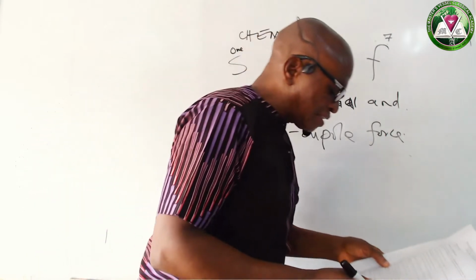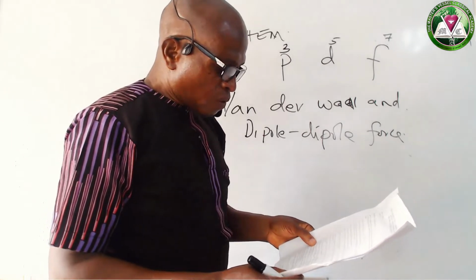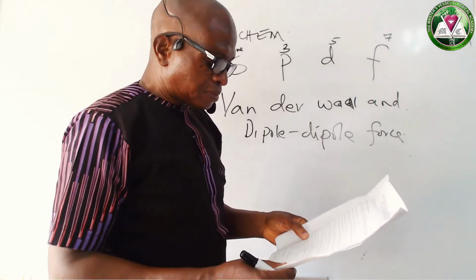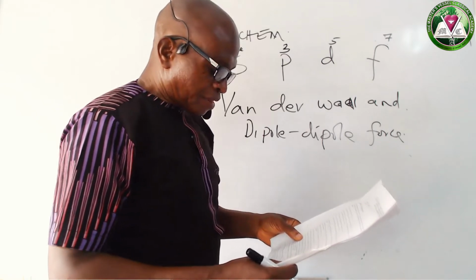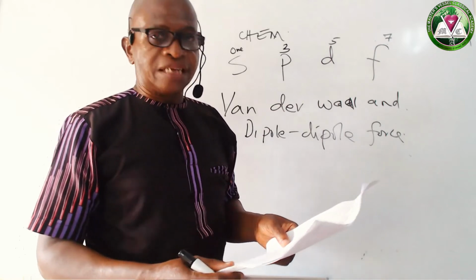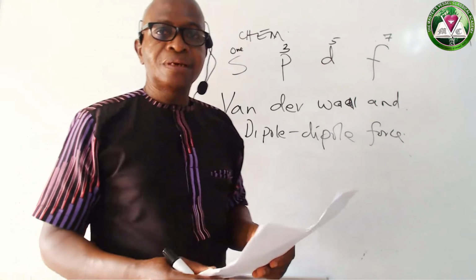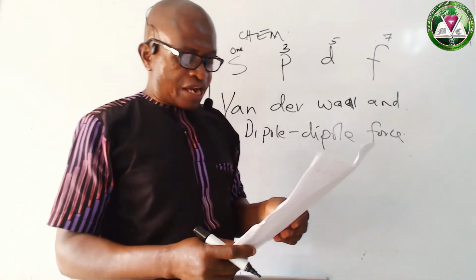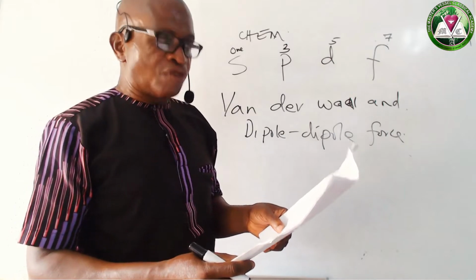Then number 13 says, suggest one reason why magnesium oxide is used to line the inner surface of a furnace.